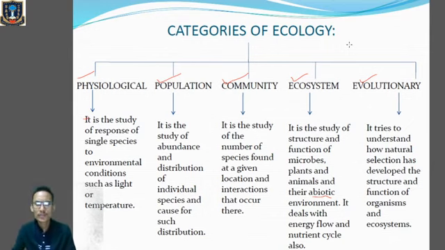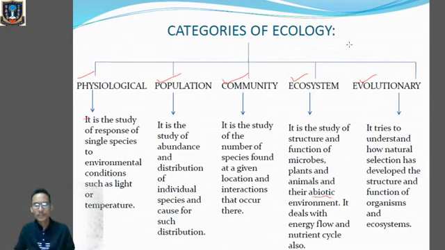Evolutionary means evolution, how the species has evolved by the role of natural selection, because nature plays an important role in the formation of a species. How does natural selection help in the development of structures or in the functioning of organisms in an ecosystem? We are going to learn it under evolutionary ecology.